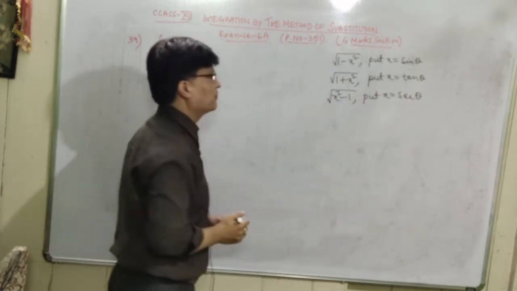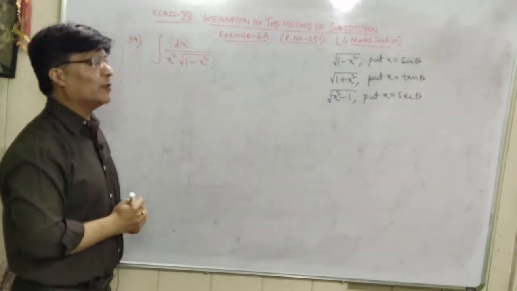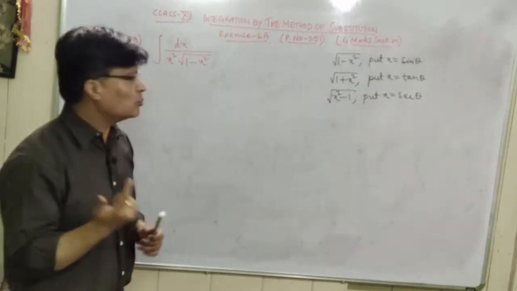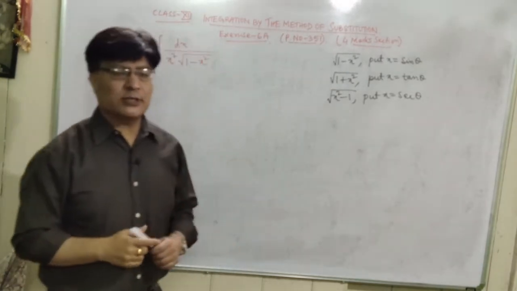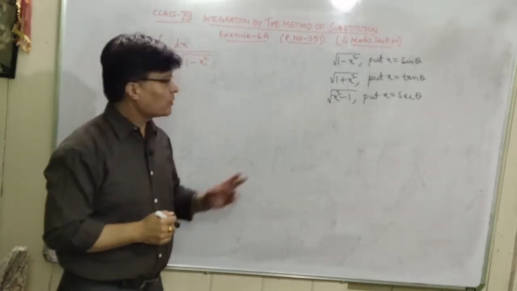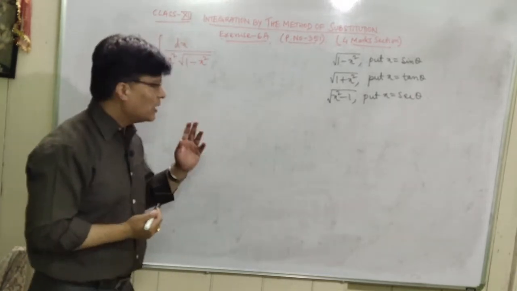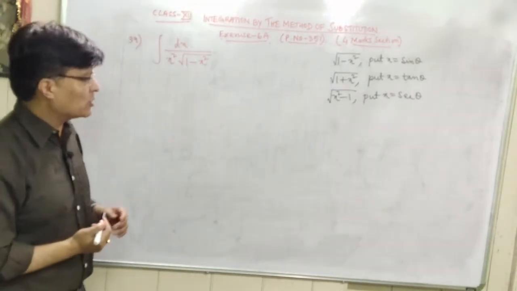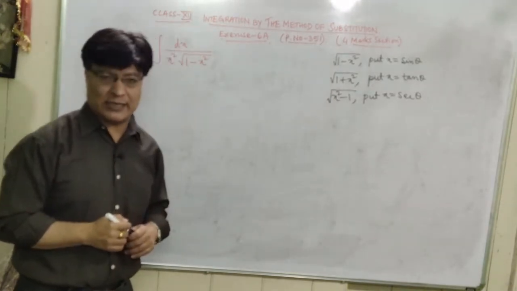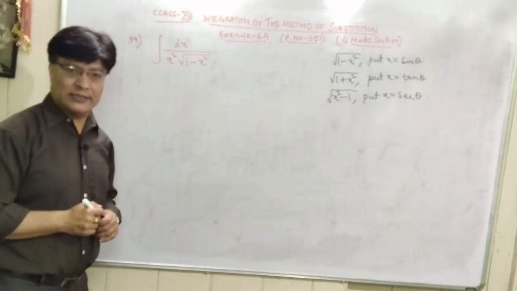Sec theta. Okay, if you have root over 1 minus x square, you put x is equal to sine theta. If it is root over 1 plus x square, you put x is equal to tan theta. And if it is root over x square minus 1, then you put x is equal to sec theta, so that you can use the formula in this case.